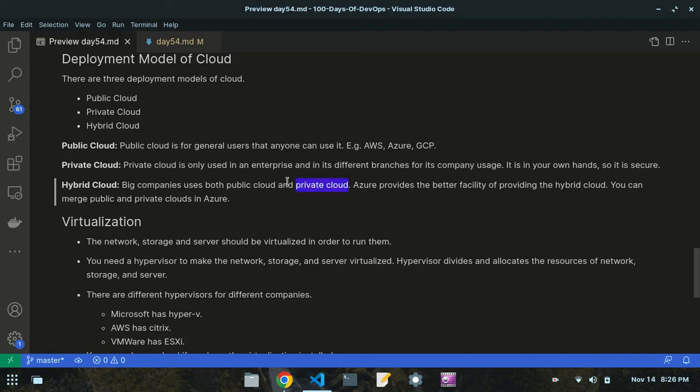Azure provides a better facility for providing the hybrid cloud, so you can merge public and private clouds in Azure. Basically Azure provides a better facility than other cloud platforms in which you can merge the private and public clouds.